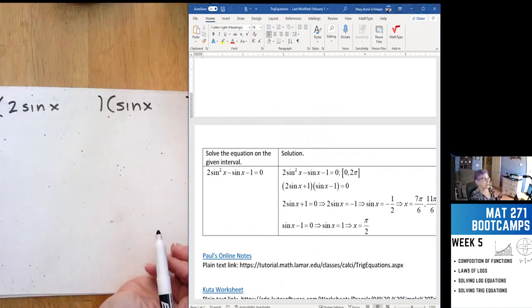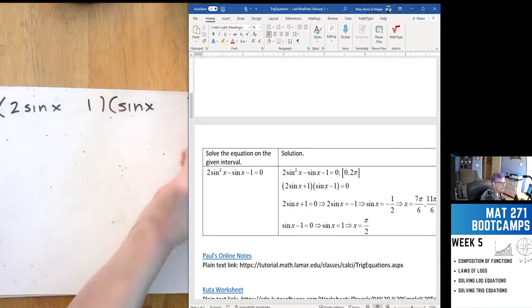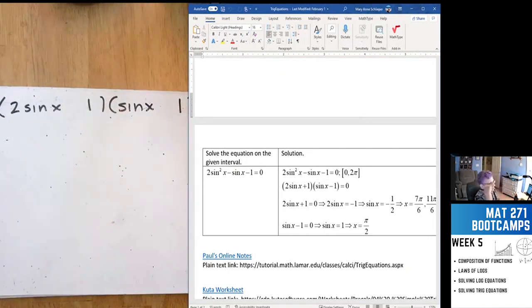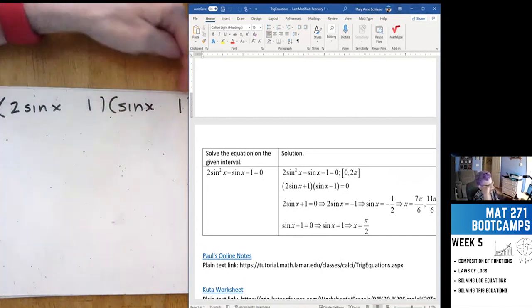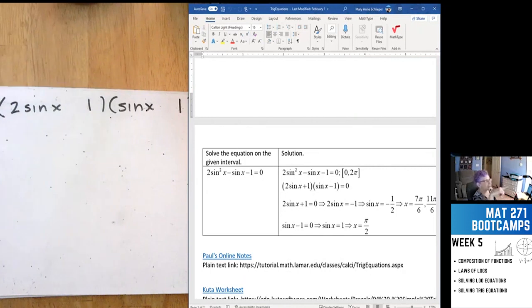If you need to, you can let u be equal to sine of x and just factor it with u's in it. But this one's so easy to factor. We got to have 2 sine of x, we got to have sine x, we got to have 1, and we've got to have 1. We just need to figure out where the pluses and minuses go so that we end up with that minus sine x in the middle.